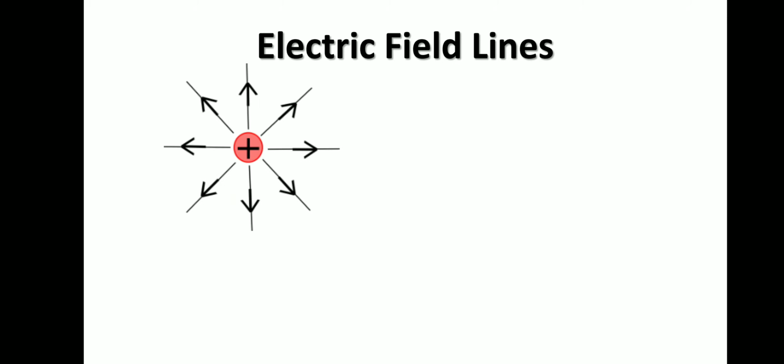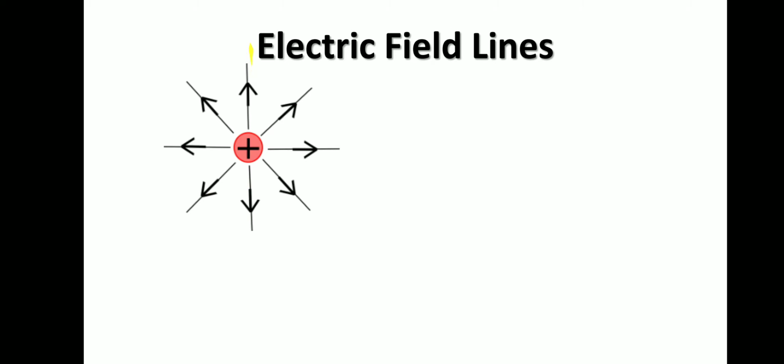Moving ahead with some more about electric field, that is electric field lines. Watch here. Here we can see a positive charge. These lines are representing the direction of the electric field. At this point, the direction of electric field is this. At this point, the direction of electric field is this.